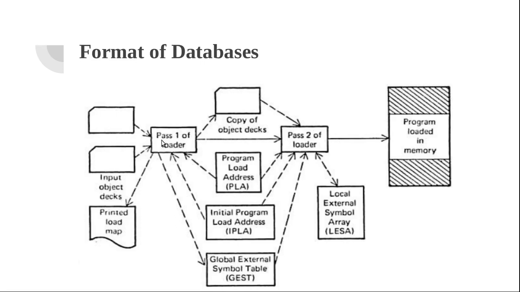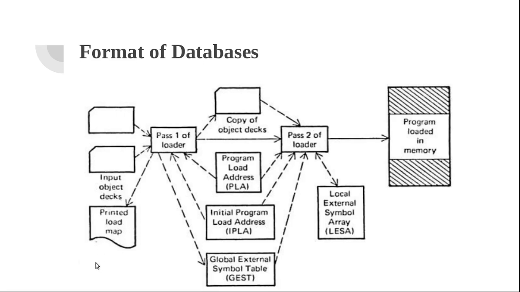Outputting, in the sense that it will store all the external symbols used in the segments along with their absolute address values in a database, that is, the global external symbol table. Then whenever we encounter each external symbol and its absolute address value, it will be printed as part of the load map.